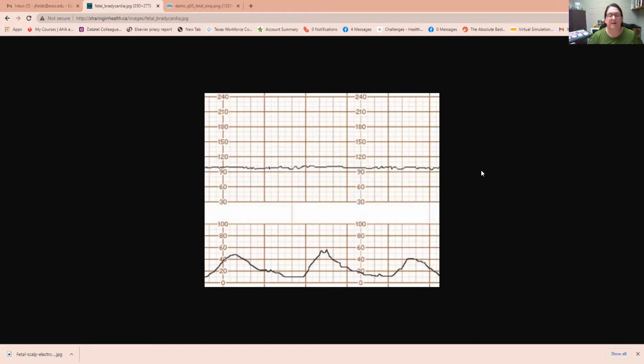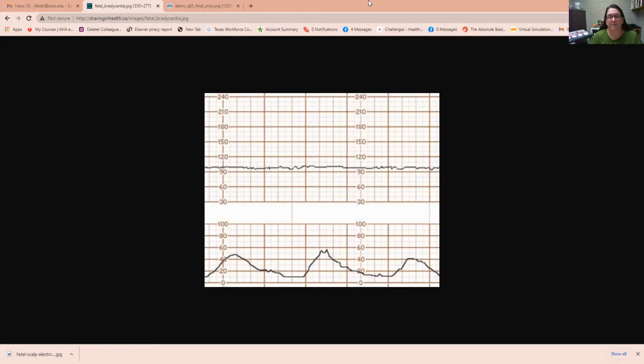But bradycardia is what we're looking at now, 100 beats per minute. I have seen babies that sit in the 100s and they do okay. So it's not like this is an immediate C-section, but this is something we need to be watching. Okay, so heart rate under 110 is bradycardia.